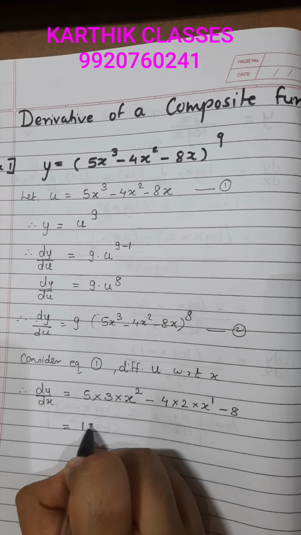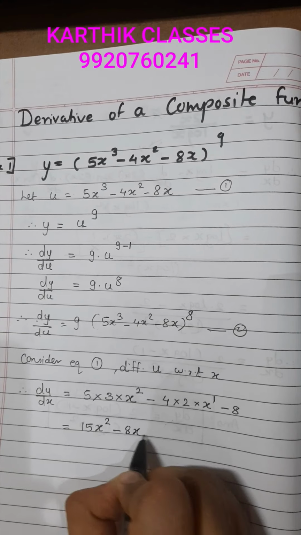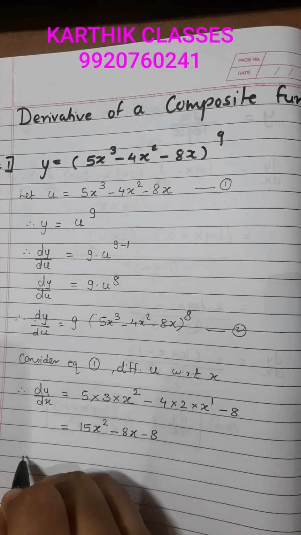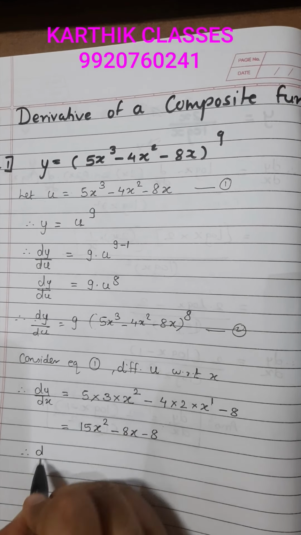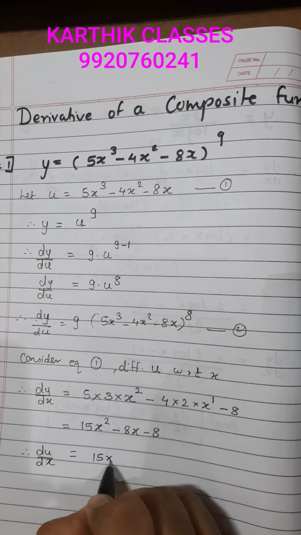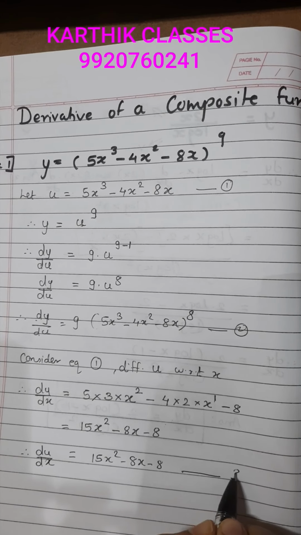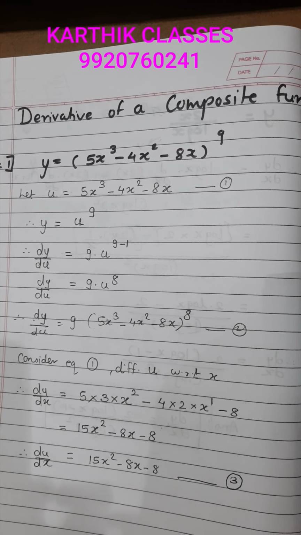So we get 15x square minus 8x minus 8. So the value of du by dx is 15x square minus 8x minus 8. Let's say this is equation 3.